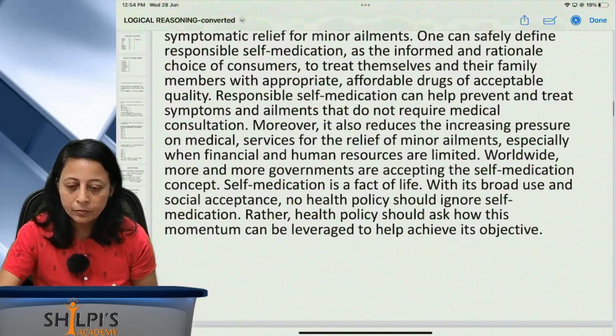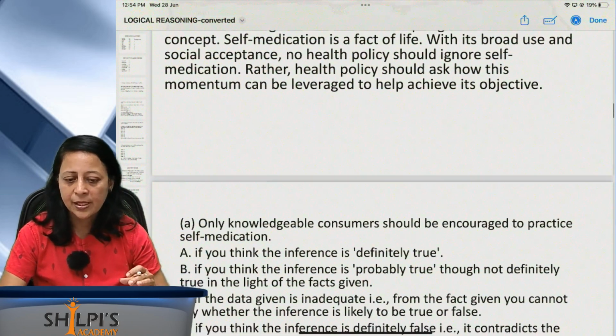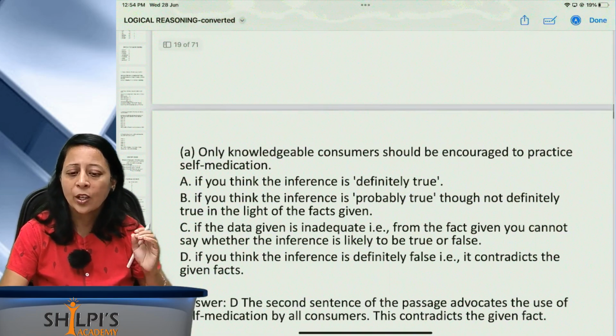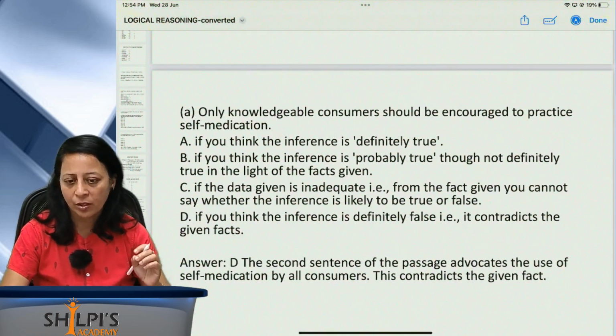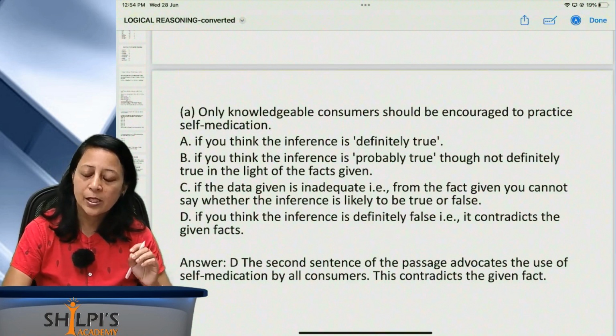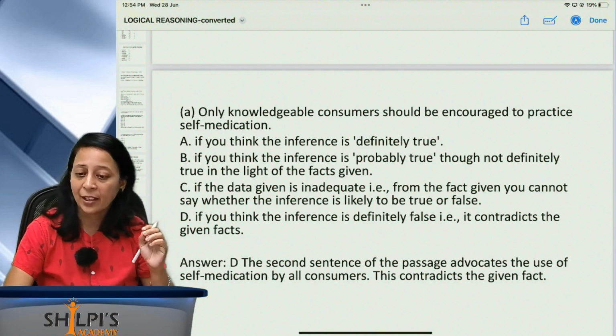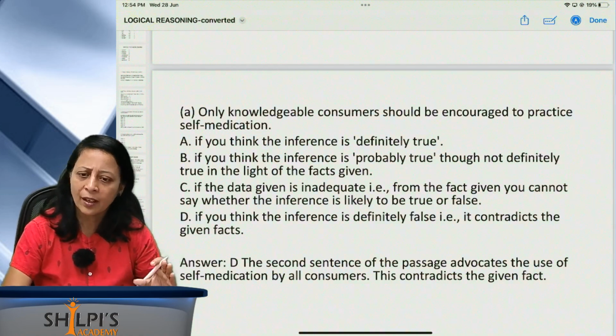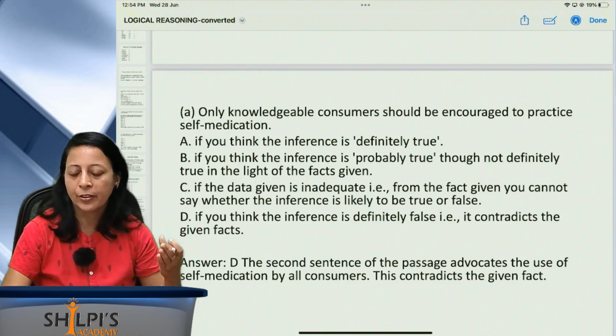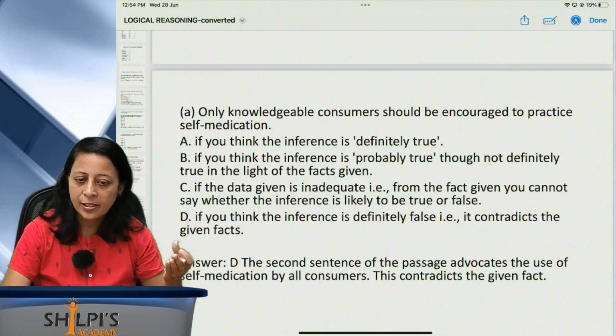Okay. Now based on this, some questions are asked. Okay. Only knowledgeable consumers should be encouraged to practice self-medication. Okay. If you feel this is what has been given in that paragraph, only knowledgeable consumers should be encouraged, then if you feel yes they have given it in the passage, then tell it is definitely true.